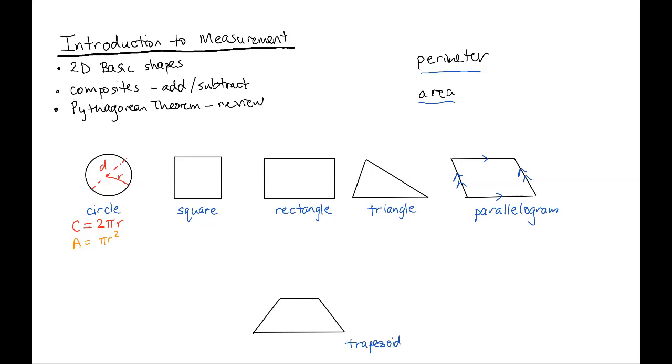With a square, all 4 sides are equal. So for the perimeter, you could add all 4 sides, but because they're all identical, it's actually easier to group them, called 4s. The area is equal to s squared. And again, some students actually know it as, for the rectangle, length times width, where that's the length and that's the width.